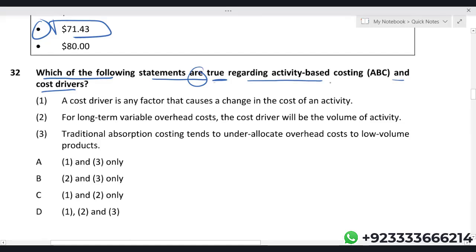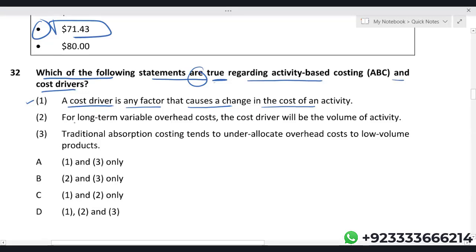And we know that the meaning of cost driver is the reason to incur cost. Let's see. A cost driver is any factor that causes a change in the cost of an activity. Yes. Simply, they have written the definition of the cost driver. Basically, the cost driver is the reason to incur the cost.